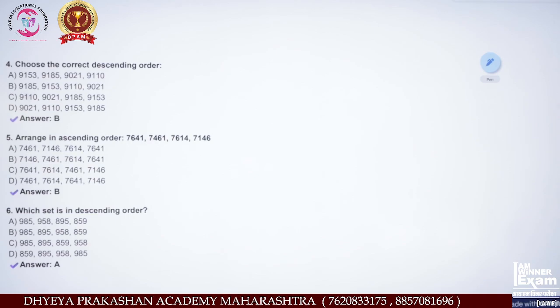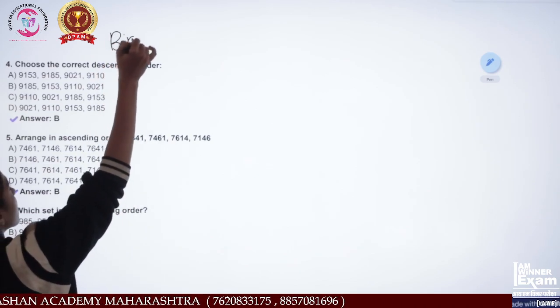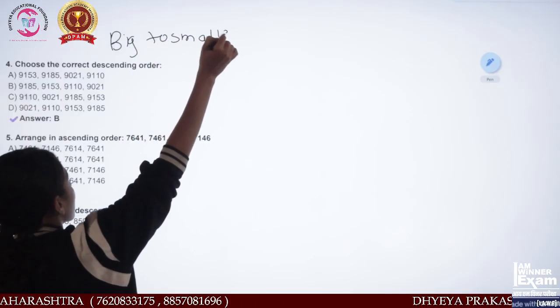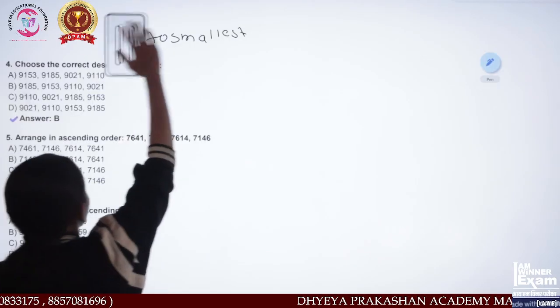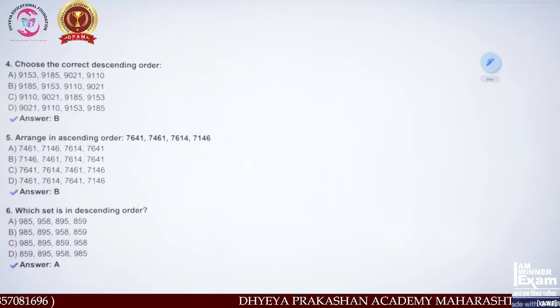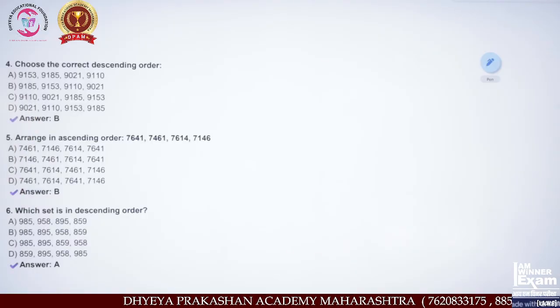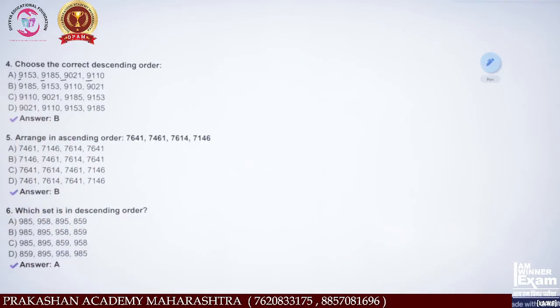Choose the correct descending order. Descending order is big to small. We have to find the option that starts from big to small. Big to small. Let's take option 1. Compare the option. First, we should look at the first digit. That means all are correct.